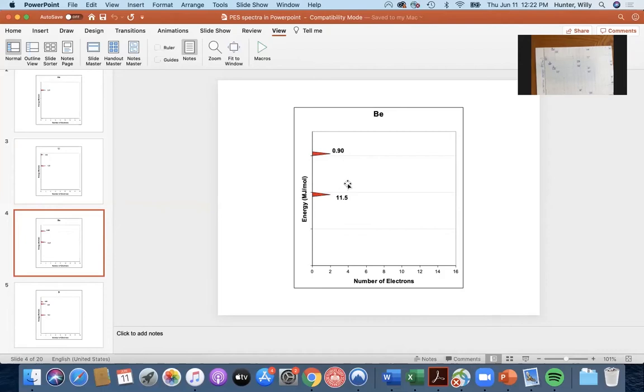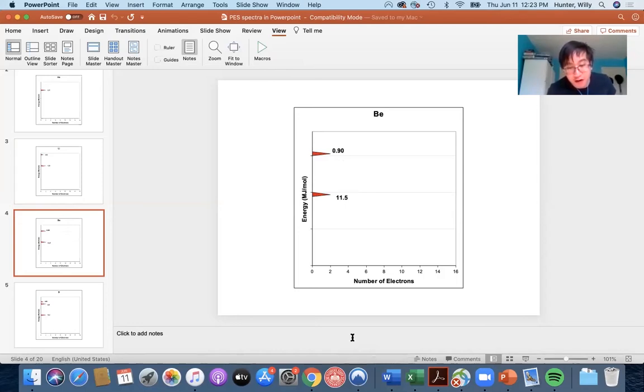Okay. So the next element, what does the graph for beryllium tell us? It looks like the peaks are at 0.90 and 11.5 for energy. And they both appear to be the same height.